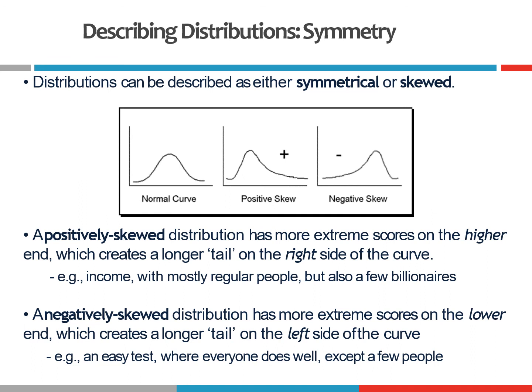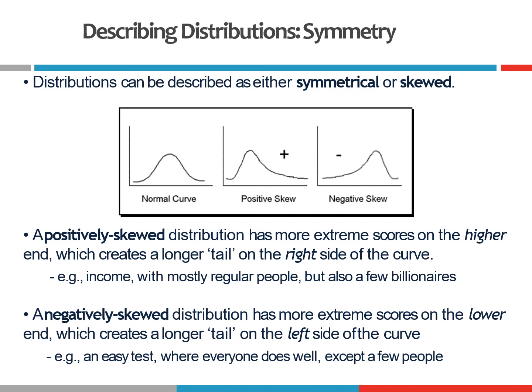And there are two types of skewed distributions that we can talk about. So a positively skewed distribution, by definition, is going to have more extreme values at the higher end of the distribution, right? So that means the tail of the distribution is going to fall on the right side of the curve.